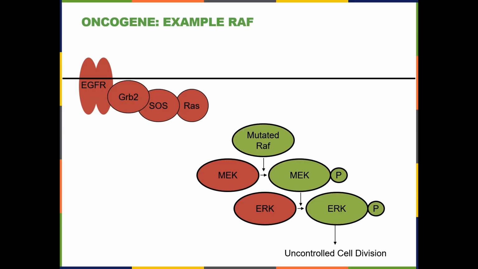But a mutation in the gene for RAF is commonly found in skin cancers, and mutations associated with skin cancers often lead to increased activity of RAF, so that RAF can stimulate MEK and ERK without epidermal growth factor binding to the epidermal growth factor receptor. This leads to uncontrolled cell division.